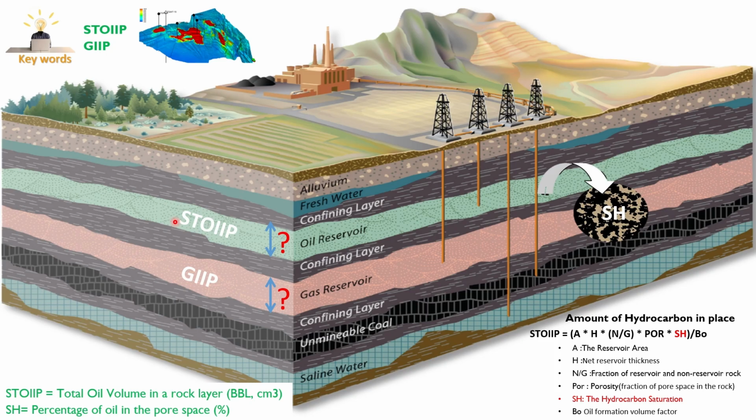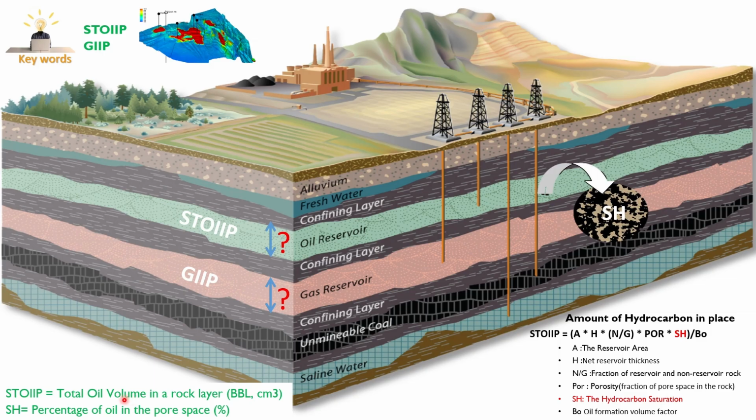It represents the total amount of oil present in a reservoir before any production. And GIIP is a similar term used for gas reservoirs. It's important to note that the STOIIP is a volume.